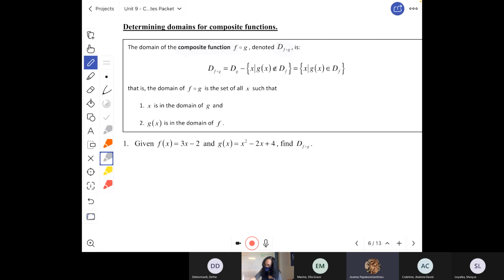Because we know this is f of g of x. So we start with the inside, and then we subtract from that any domain restrictions on the output.